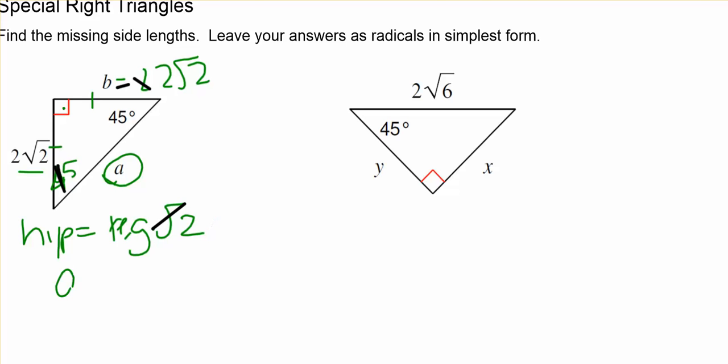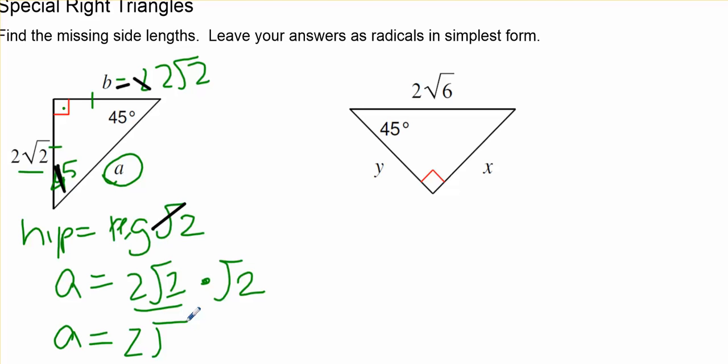So A equals 2 times the square root of 2 times the square root of 2. We're just multiplying that given leg times the square root of 2. Easy peasy. A equals 2 times the square root of 4, because the square root of 2 times the square root of 2 is the square root of 4. That's a 2. And that's really just 2 times 2, which is equal to 4. So A equals 4 in this problem.